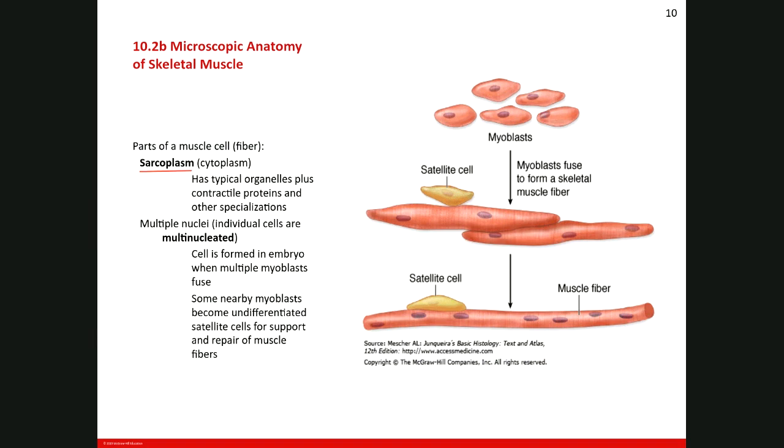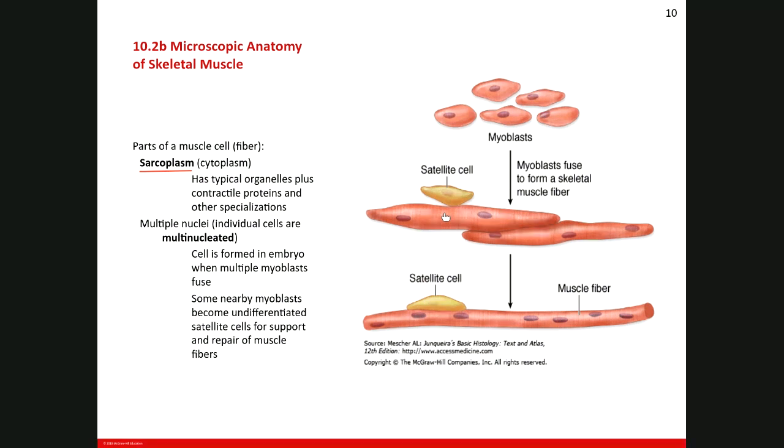Sarco means muscle. Sarcoplasm is the cytoplasm of the skeletal muscle. Inside the sarcoplasm, we have different organelles: a nucleus, mitochondria, Golgi apparatus, all the organelles you have in other cells. Just the name of cytoplasm is changed.